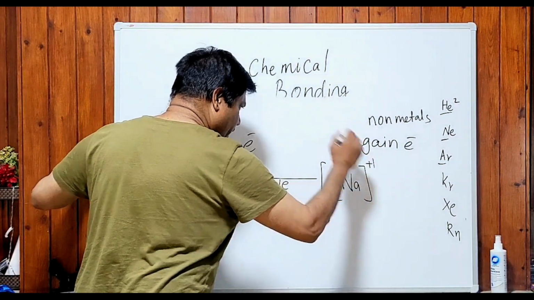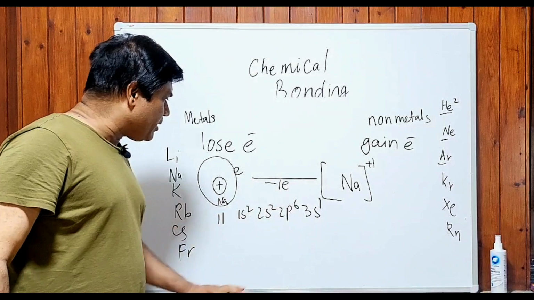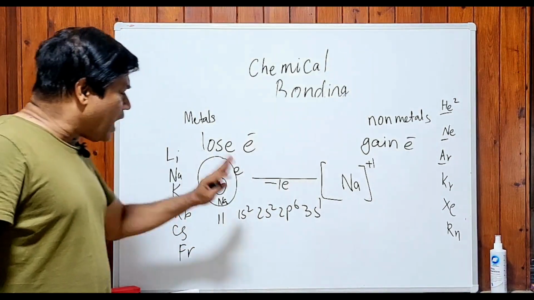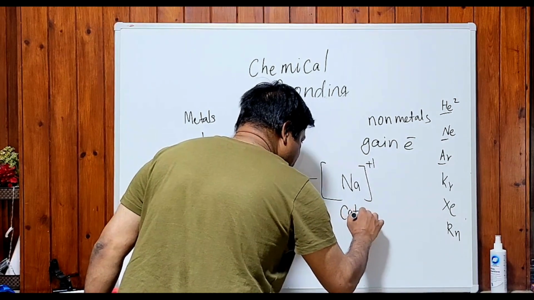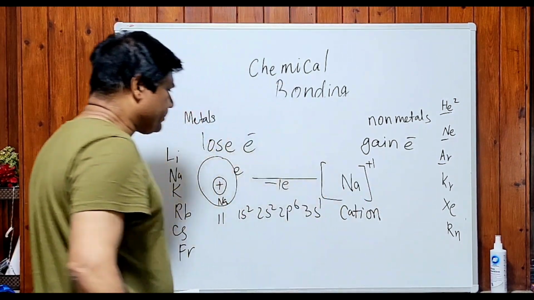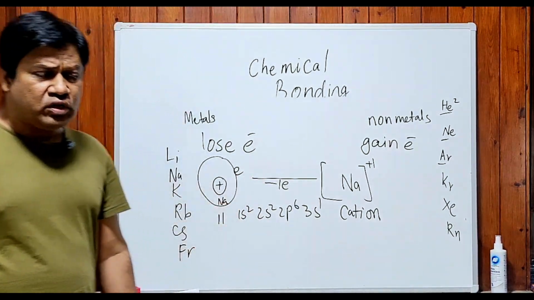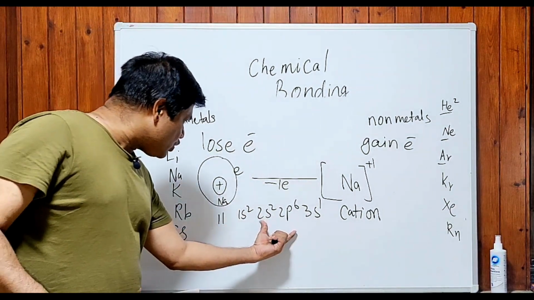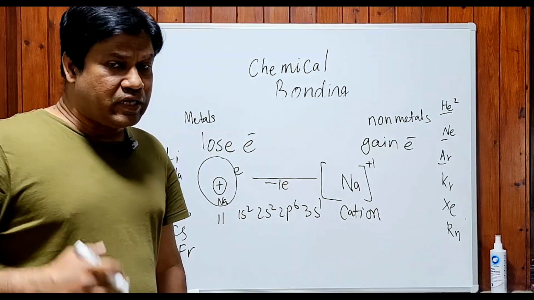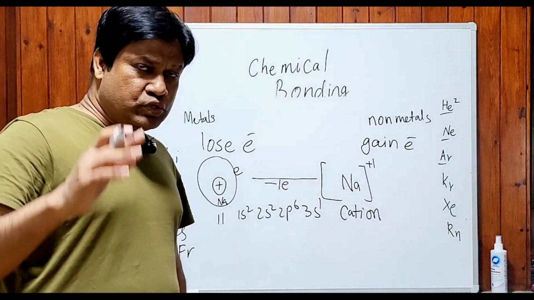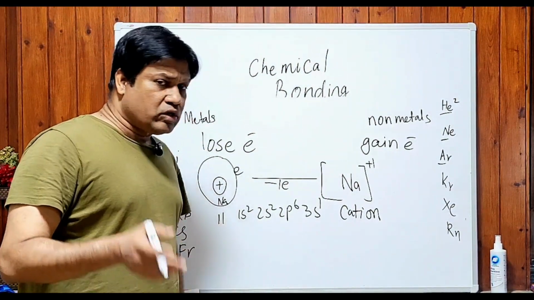That is the loss. The positive ion, we call it a cation. Why does it give away 1 electron? To get 8 electrons in the outer shell. Gaining 8 electrons in the outer shell during the formation of the ionic bond represents the octet rule.